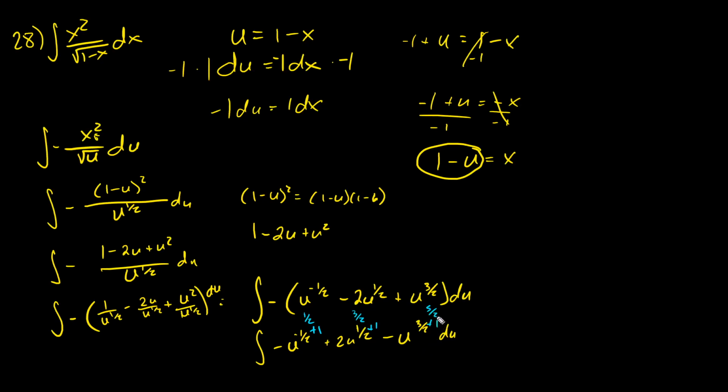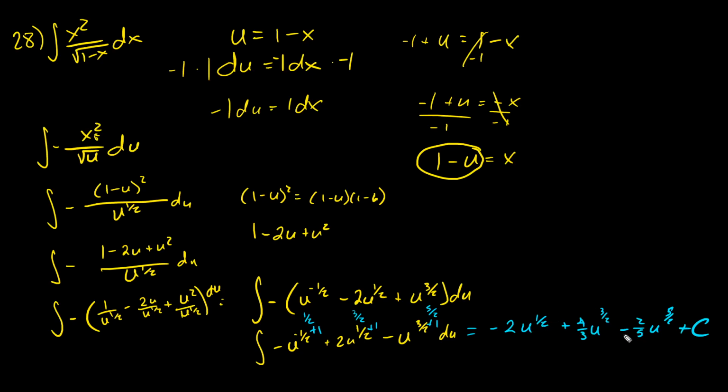Now when we divide by these, that is basically multiplying by the reciprocal. So this becomes negative 2u to the 1/2, positive 4/3 u to the 3/2, and negative 2/5 u to the 5/2 plus c. Don't forget to add your constant, because this is an indefinite integral.